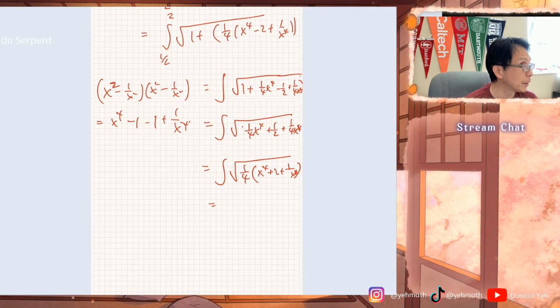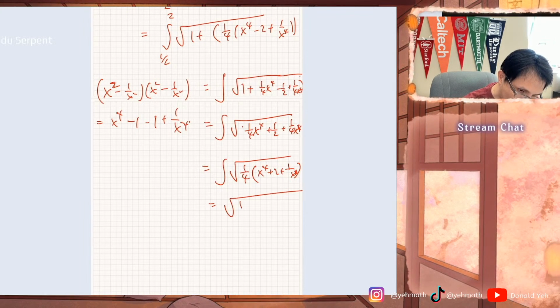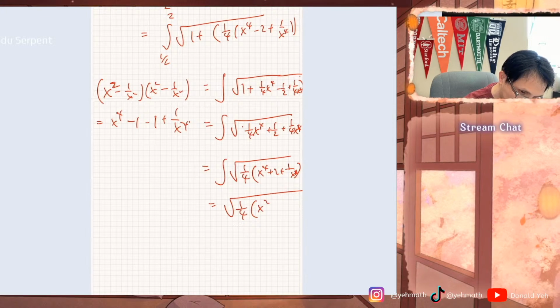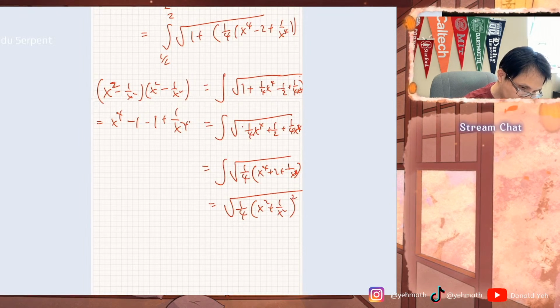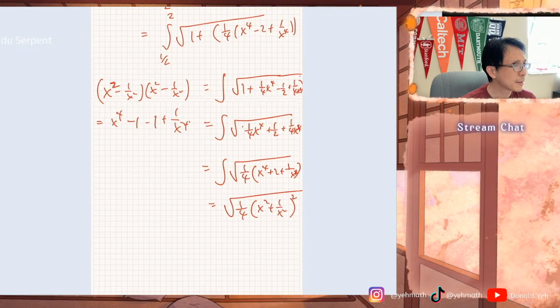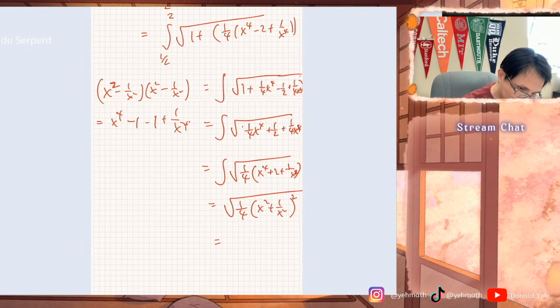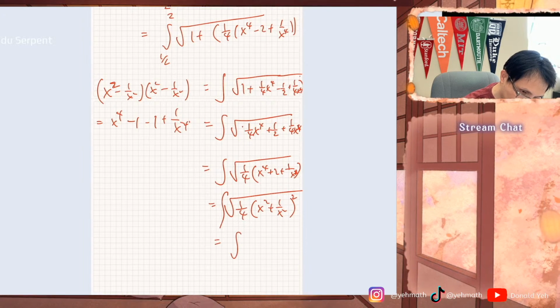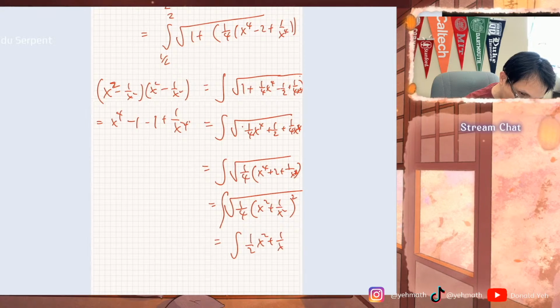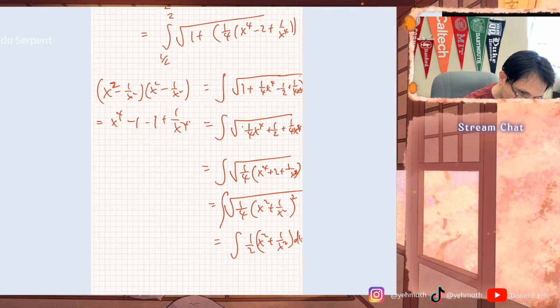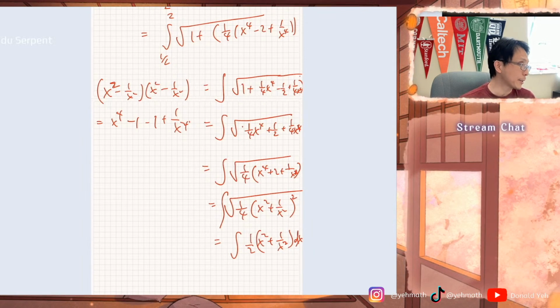Because you can square root this now. This is a 1/4. This one's going to be x squared plus 1 over x squared, squared. Does that make sense? And then that's going to be the integration of 1/2 of x squared plus 1 over x squared dx. So now you can integrate this.